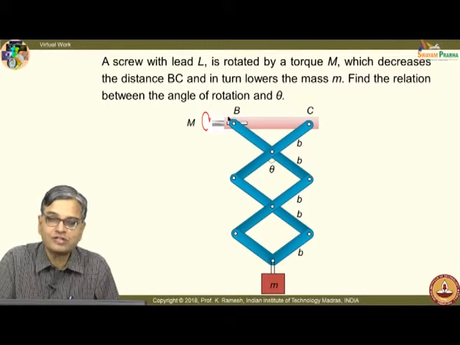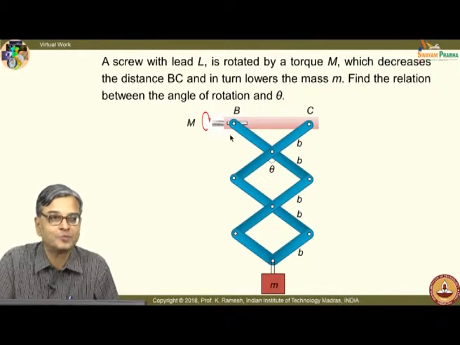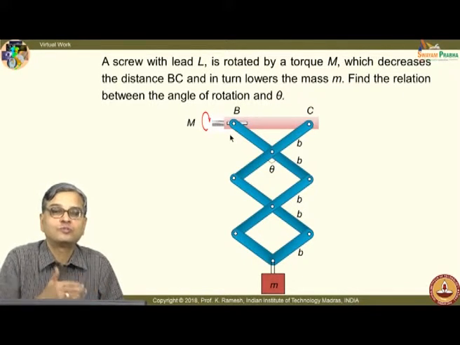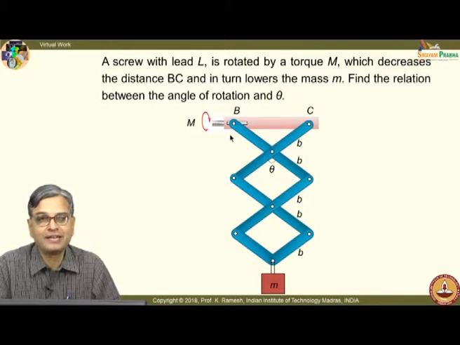Something like that is used here. So, when I rotate this nut, the point B can move forward or backward depending on the sign of the moment. You must recognize that. So, go to the definition of what is the lead of a screw.